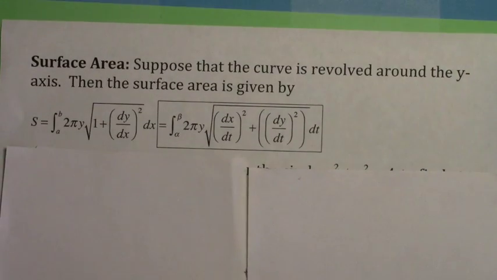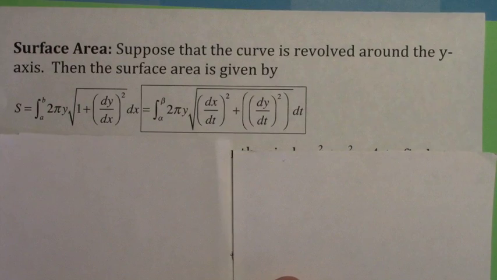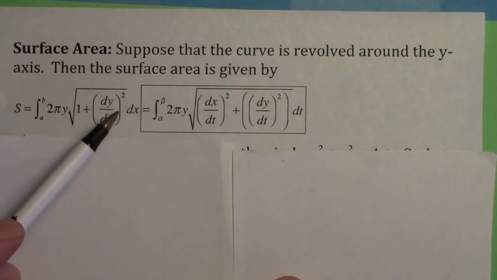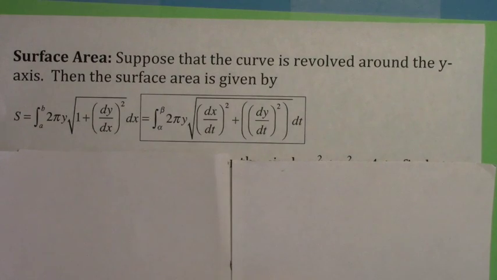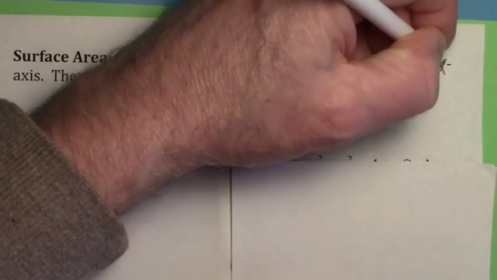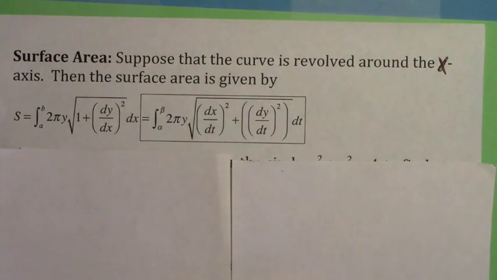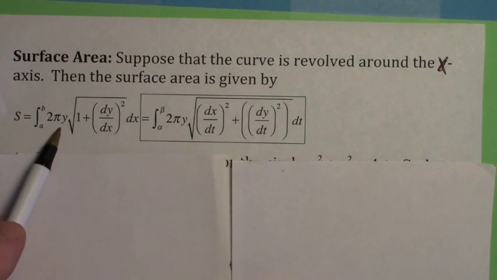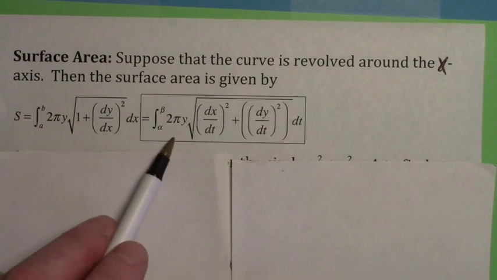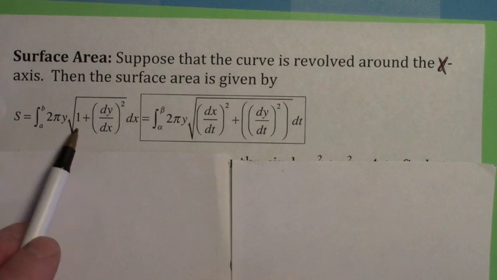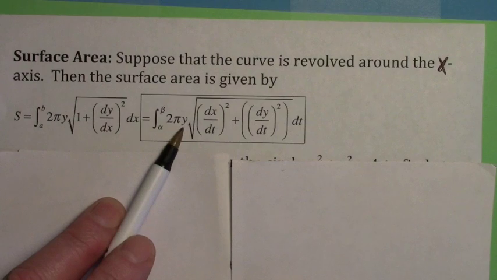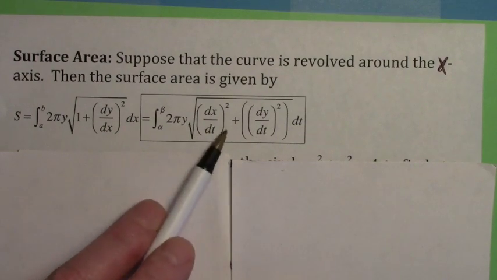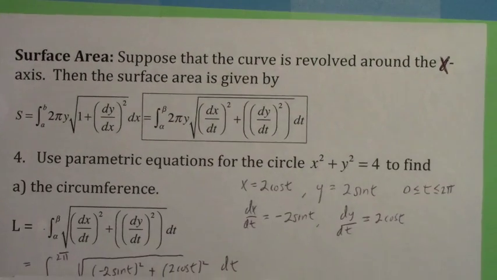If you're talking about the surface area of the solid of revolution, where you're moving around the x-axis, this is the x-axis, right? Anyway, it looks like this. For y, you replace it parametrically, and you replace these just like we did before. So here's an example.